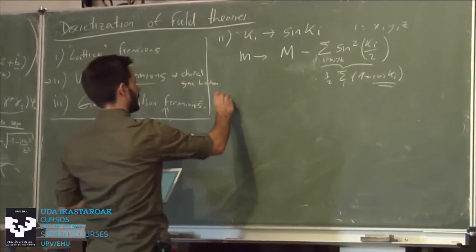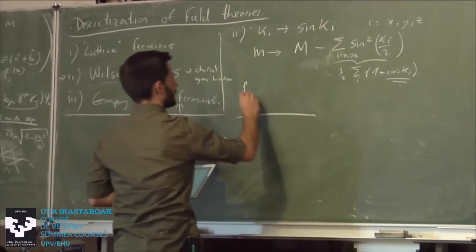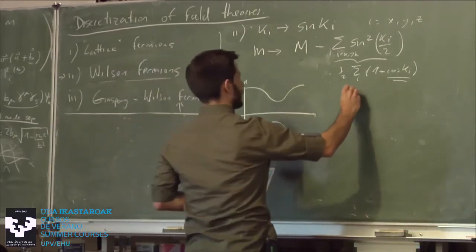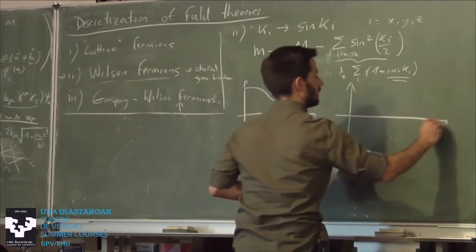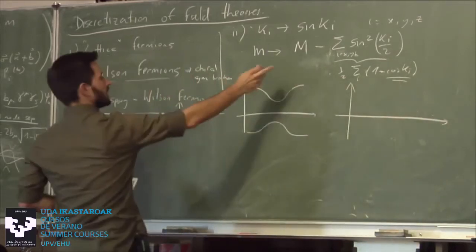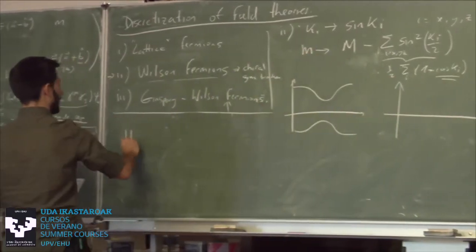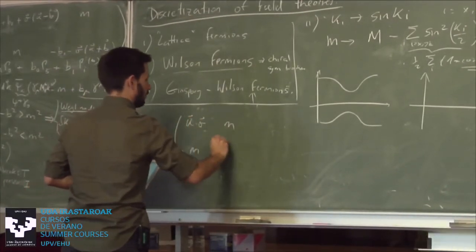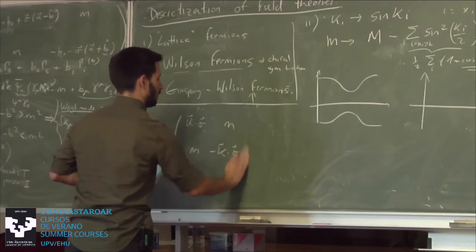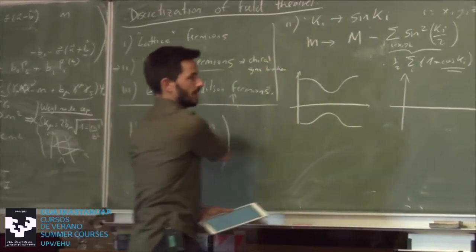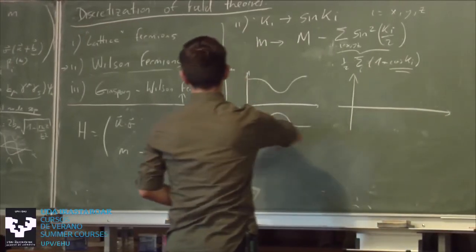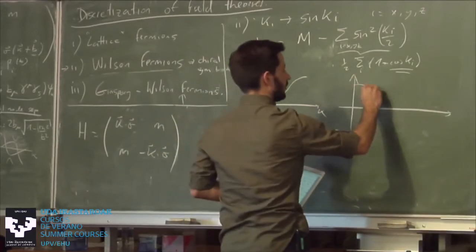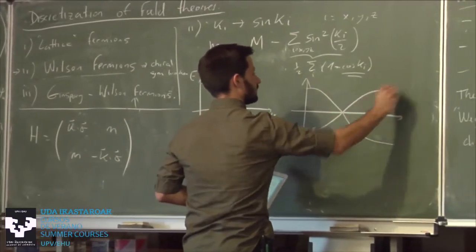So the dispersion generically would look something like this, but I can fine tune it. You apply this map to the Hamiltonian that's down there, you diagonalize it, and you find a dispersion that goes like this.